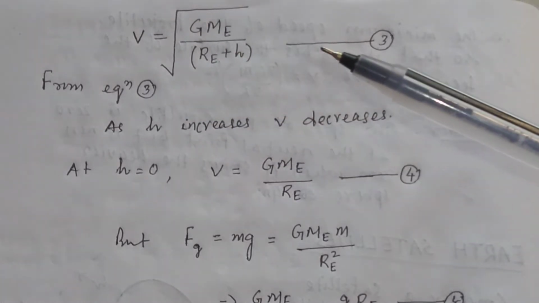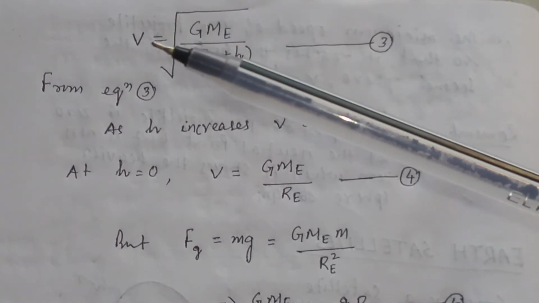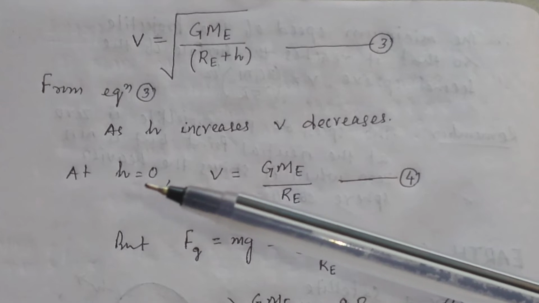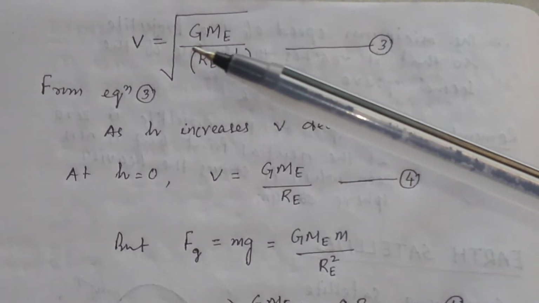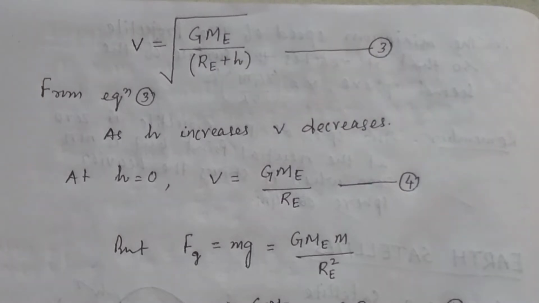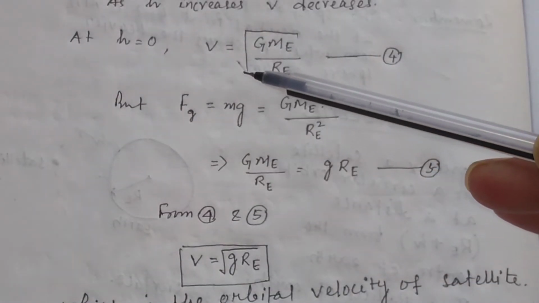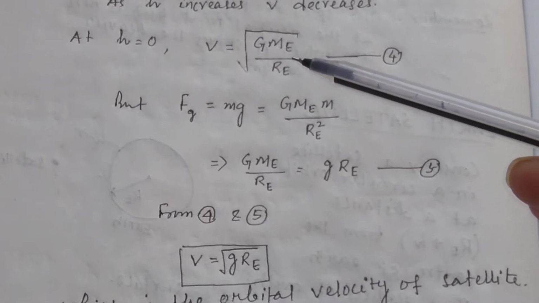From equation 3, if H increases, then V decreases. At H equal to 0, V will be equal to the square root of GME divided by RE.